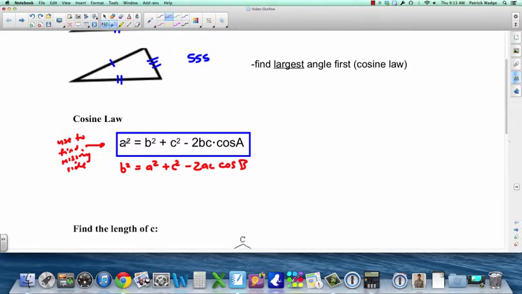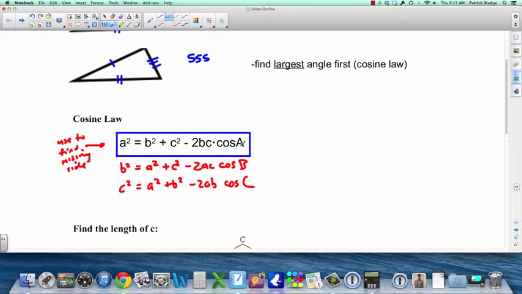All I've done is wherever I see a, I replace it with b, and wherever I've seen b, I replace it with a. What if I wanted to know what side C is? Then I would say that c squared equals, you should be able to do this, what's the rest of it? The rest would be a squared plus b squared minus 2ab times the cosine of c. Okay, so I'll give you this one, you need to know these ones.